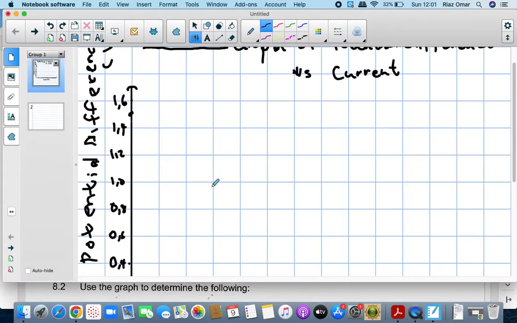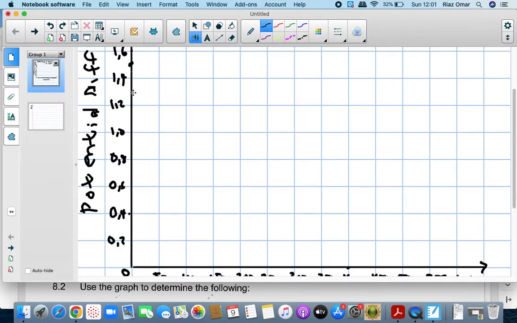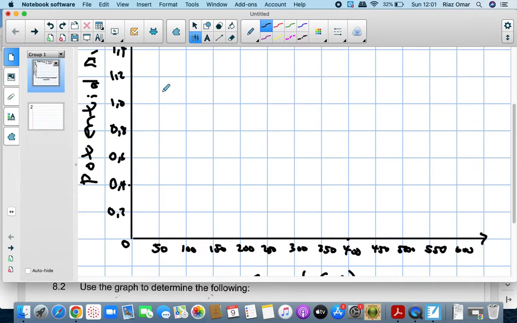So this is 1,3 volts, and then coming down to milliamperes, 131. So that will be between 100 and 150. So 131 should be around there.